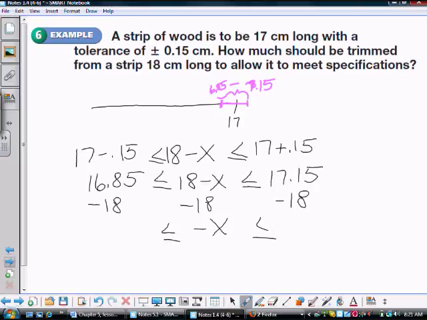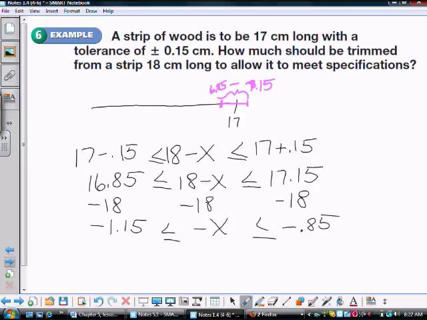If you can't, yes, that's it. So is it negative 1.15? Okay. What's 17.15 minus 18? Negative 0.85. Okay. So now I found that negative x is between negative 1.15 and negative 0.85.